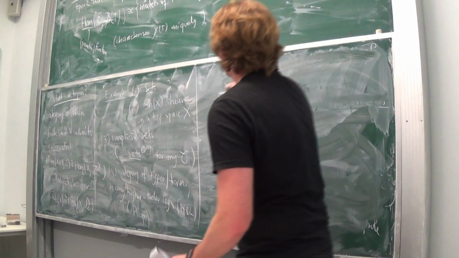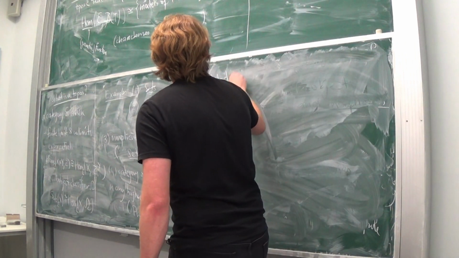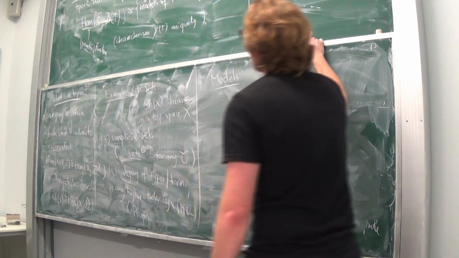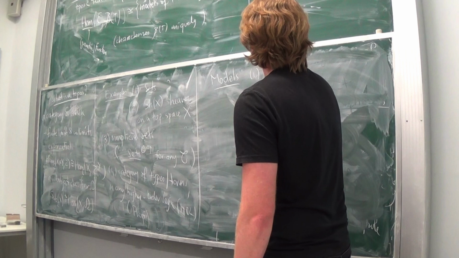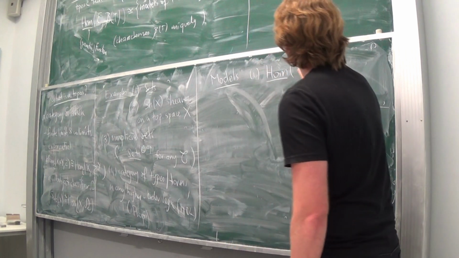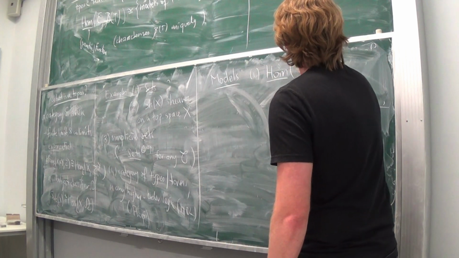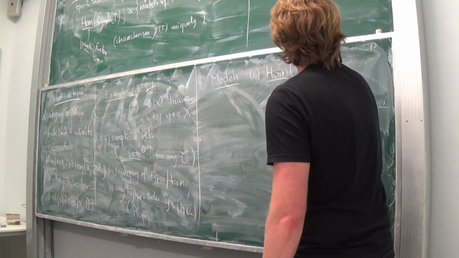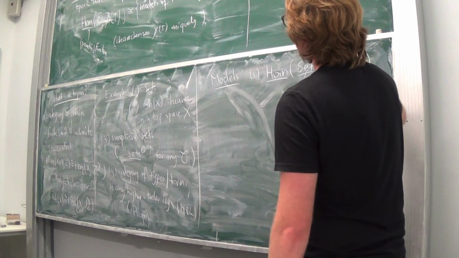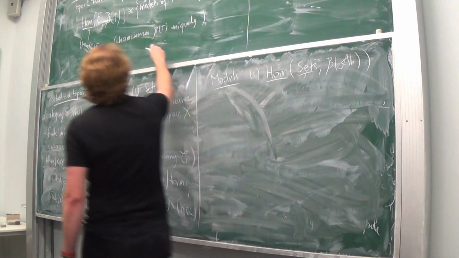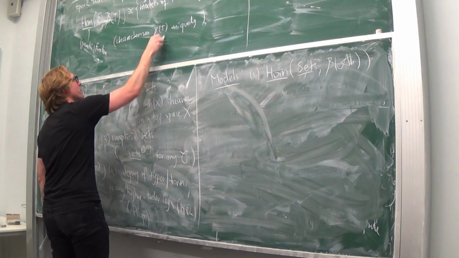I wanted to say what models were. So for instance, this topos was implicit, but let me make it explicit.